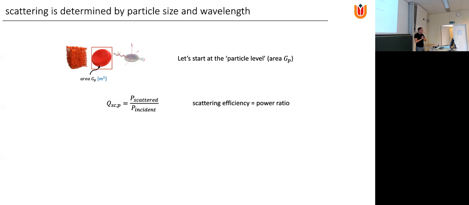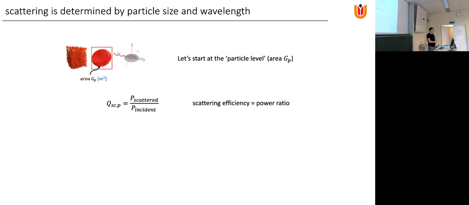So let's say we have a particle, whatever size, with a geometrical cross-section area G, and we can measure the amount of power that is scattered by the particle if we put in some incident power.